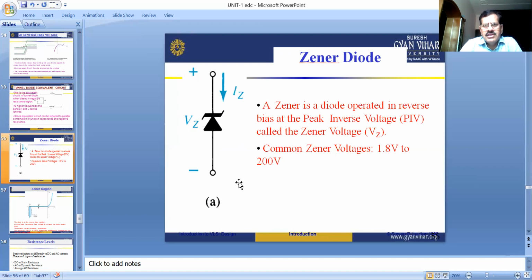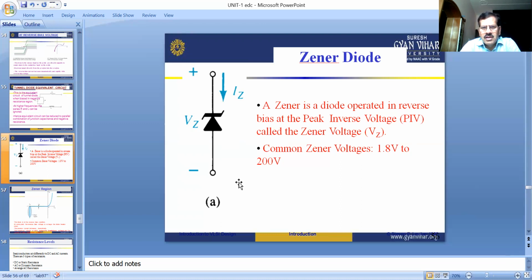Basically, the Zener diode is used as a control device. A Zener diode is a diode operated in reverse bias at the peak inverse voltage PIV, called the Zener voltage.